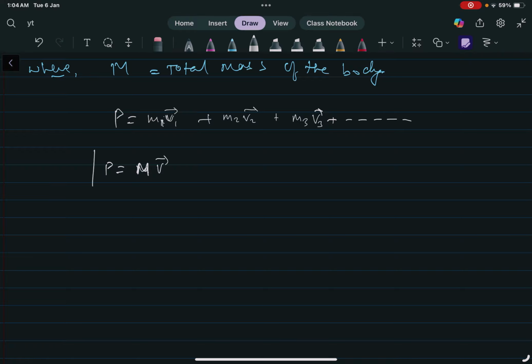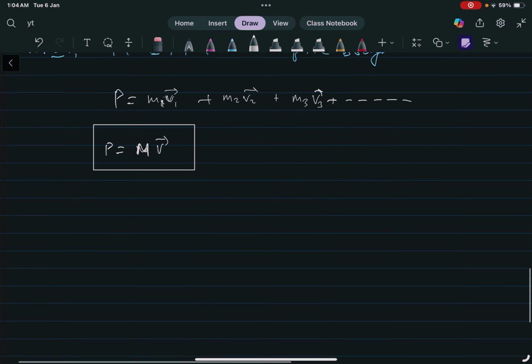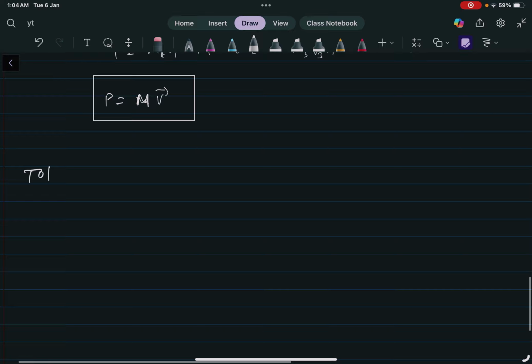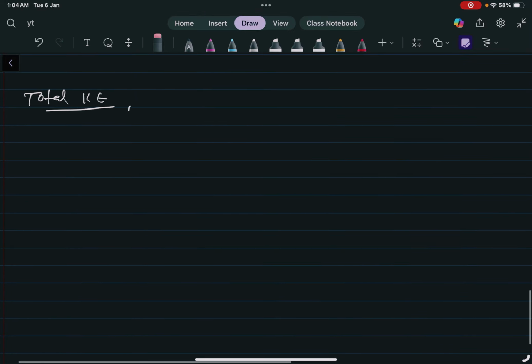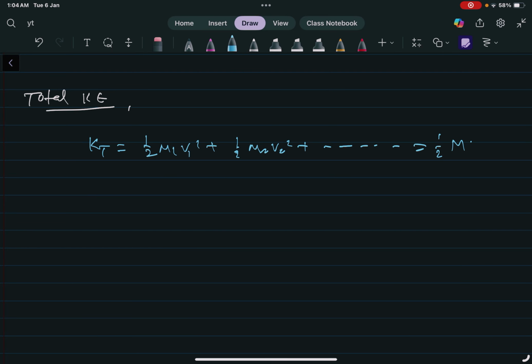M into v vector. And what is M? M is equal to the sum of all m. Okay, now the total kinetic energy here is half m1 v1 square plus half m2 v2 square and so on, and that is equal to half into capital M V square.